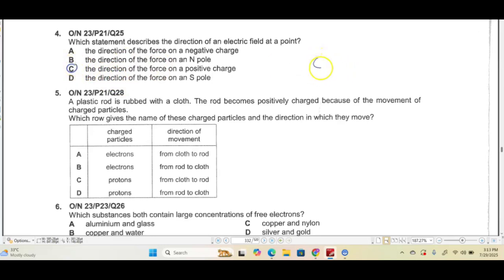Now when it's positive in the middle, a positive charge is always, sorry, moving away. Okay? Like this. So, the direction of the electric field at a point is the direction of force on a positive charge. Okay?